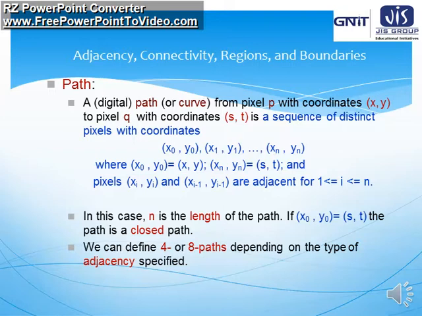In this case, n is the length of the path. If x0, y0 equals s, t, the path is a closed path. We can define 4 or 8 paths depending on the type of adjacency specified.